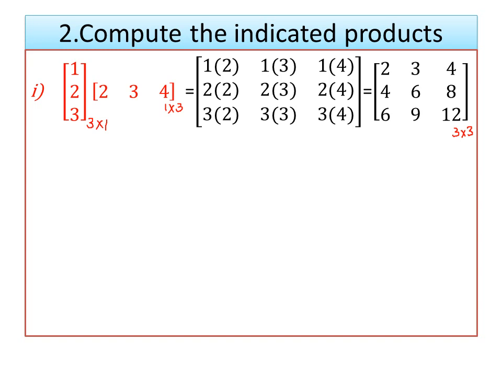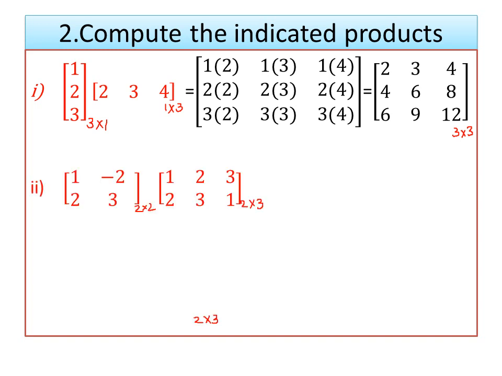Finally, third row to the first column, second column, third column gives 3 into 2, 3 into 3, 3 into 4. That is equal to 2, 3, 4, 4, 6, 8, 6, 9, 12.